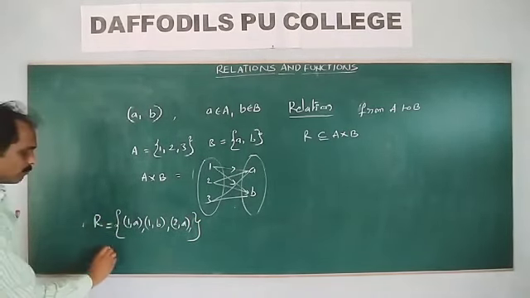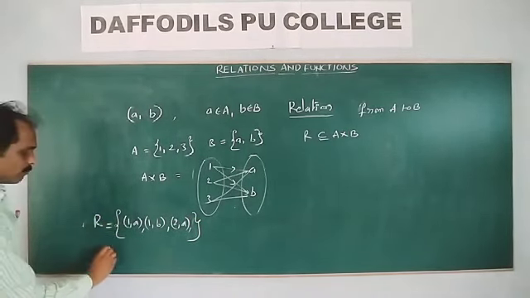A relation can be listed as ordered pairs, which means roster form. How can you write sets? In two types, roster form and set builder form.